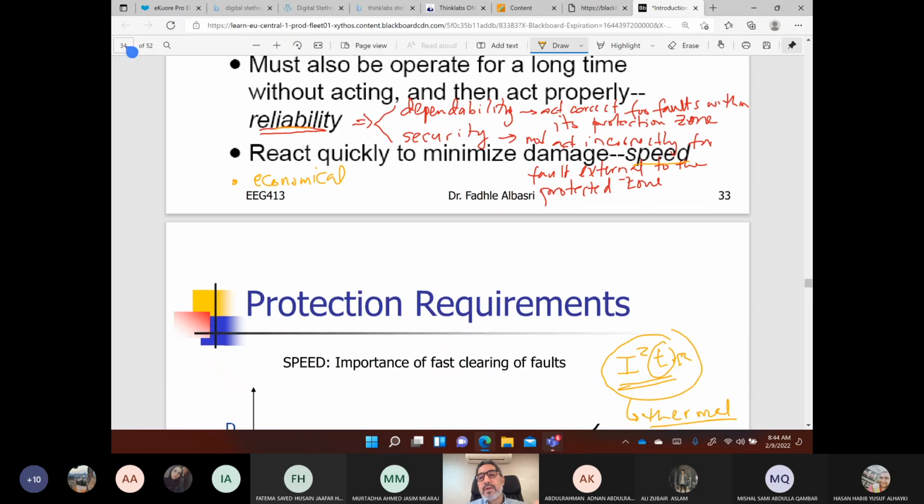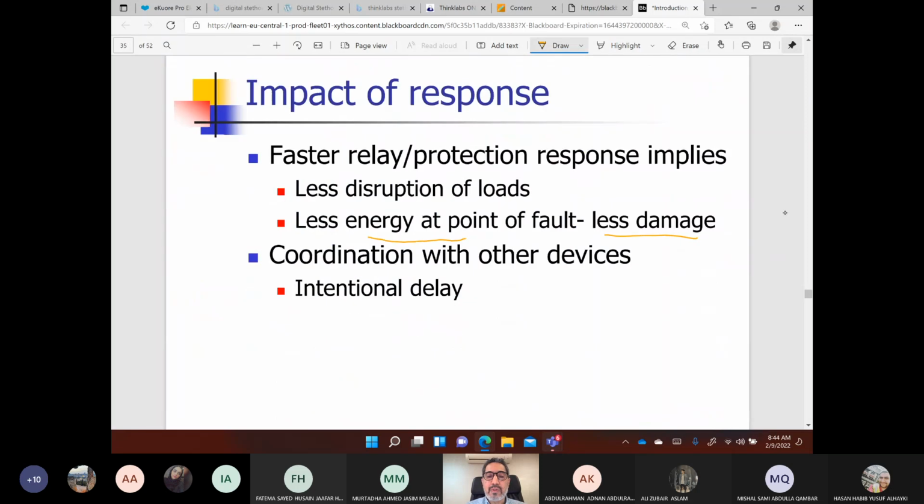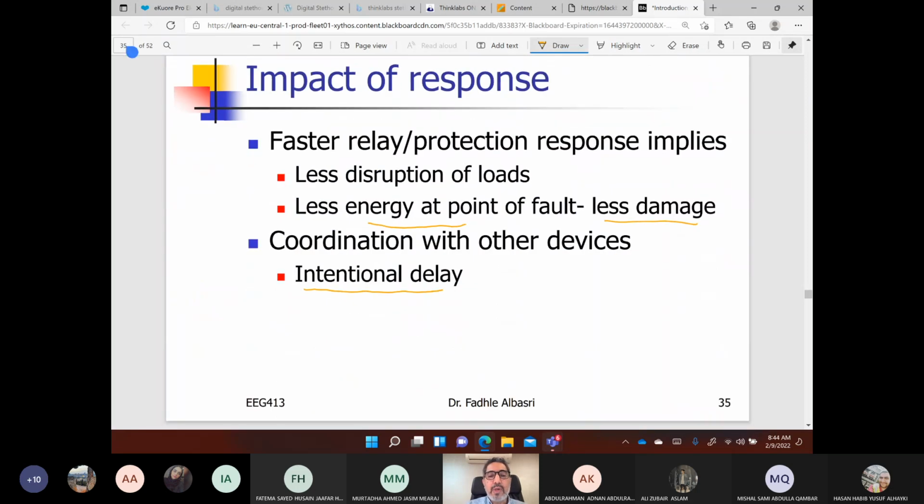So we want to balance these so that you achieve all of them. Sometimes, in order to achieve selectivity, we need to make a small delay. Inshallah, in the coordination chapter, I think chapter 4, we will take this. Why sometimes, although speed is very important, you want to delay it on purpose.